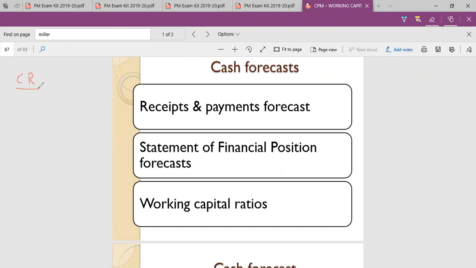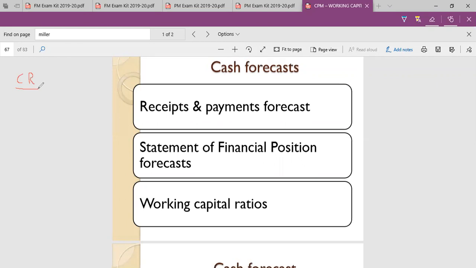So the amount can be collected or received from the customers. That's another source. Any other irregular source, like any assets sold off or something, from that also cash can be received. But technically, first we need to understand the total amount of cash receipts, or the cash collections from various sources. So first, that is estimated.